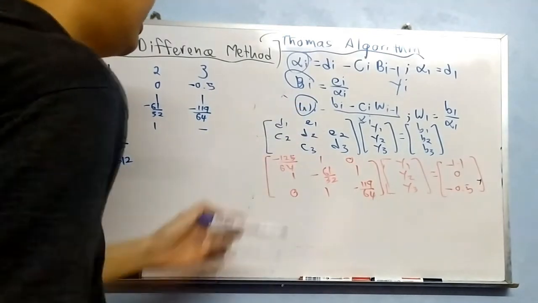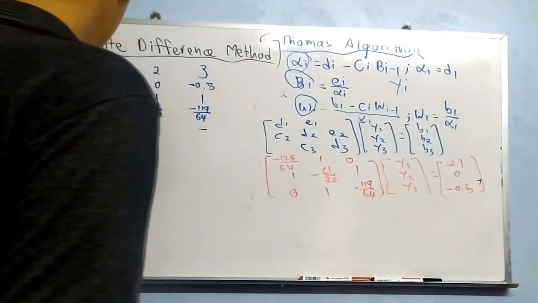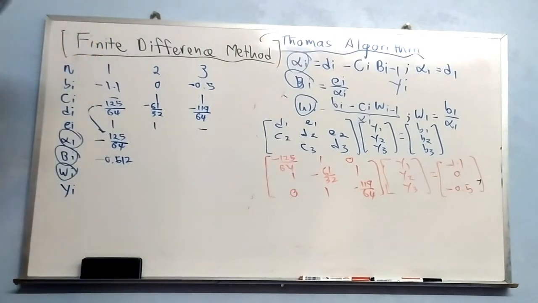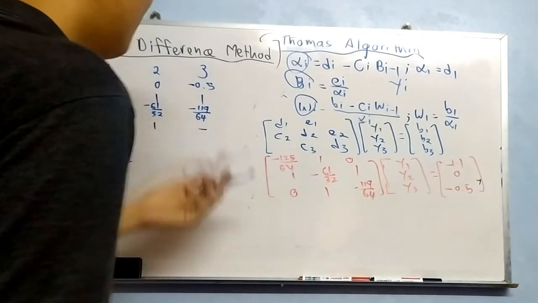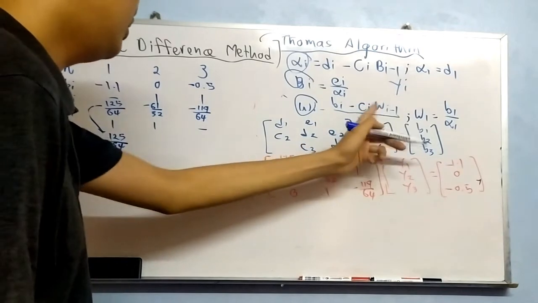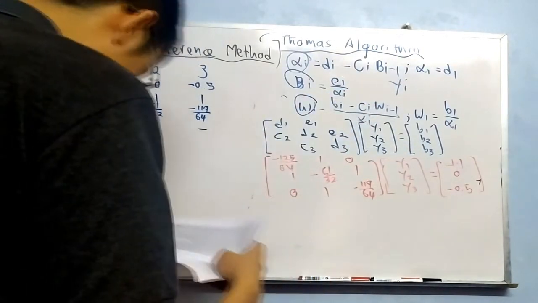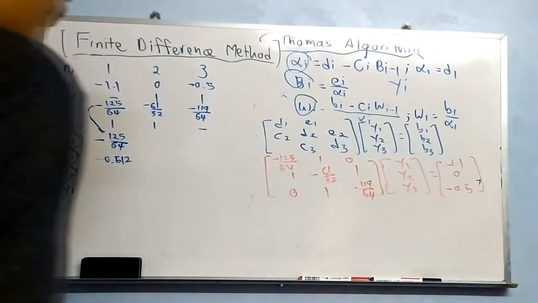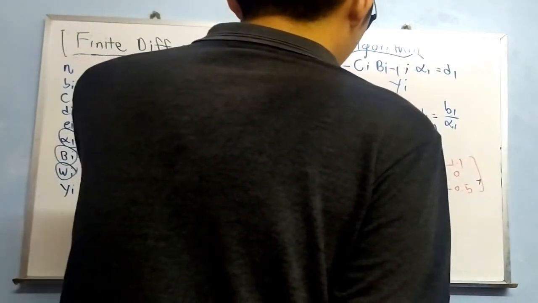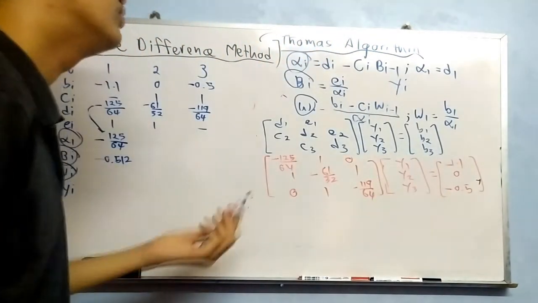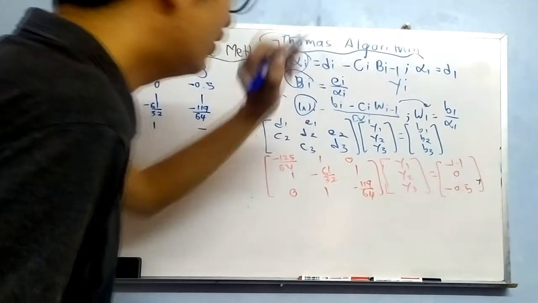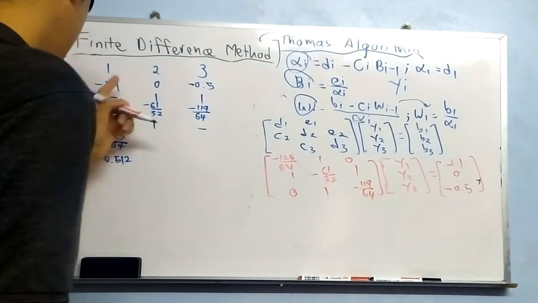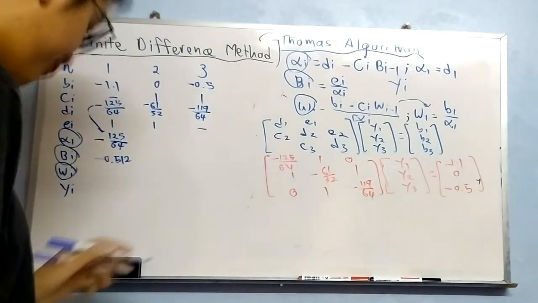Okay, wi equals B1. B1 negative 1.1 minus C1, C1 is this, minus minus plus. And then this one, you substitute the formula and then divide by alpha 1. Or you directly apply this, B1 divided by alpha 1, negative 1.1 divided by this.